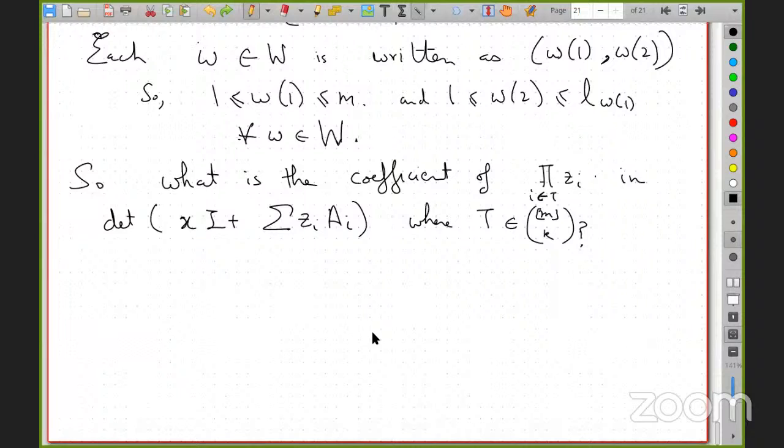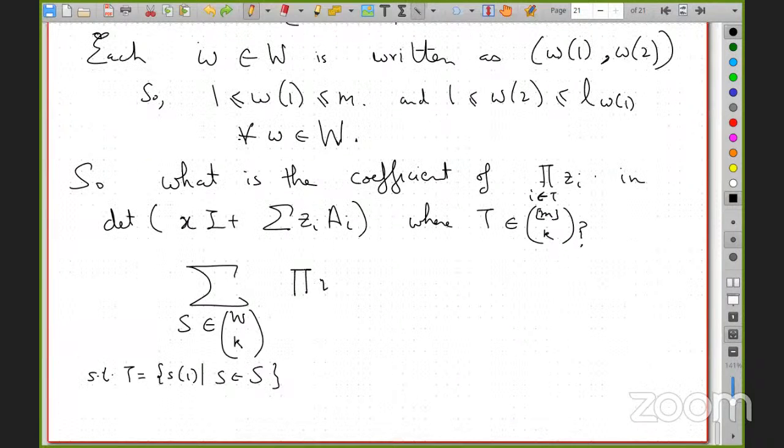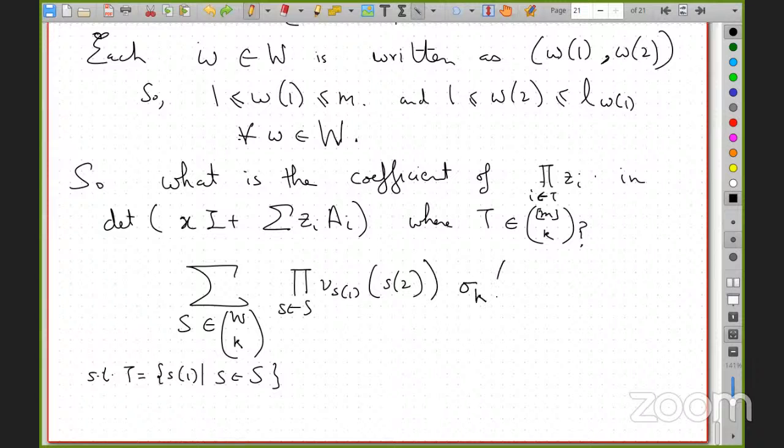So this is exactly S a subset of W of size k such that T is equal to S1, and then you have this product of nu of S1 of S2, times sigma k of summation of nu S star.